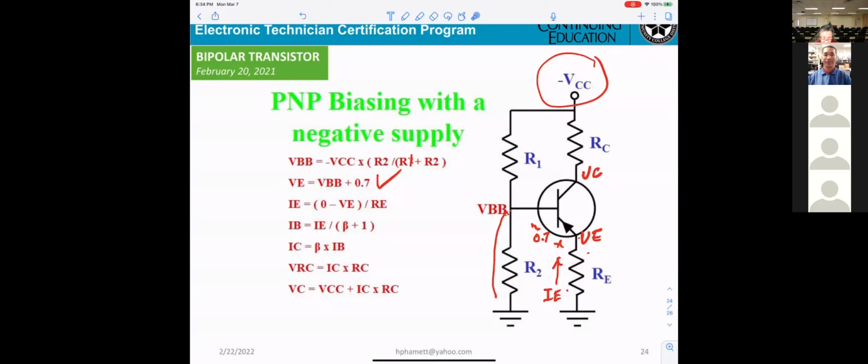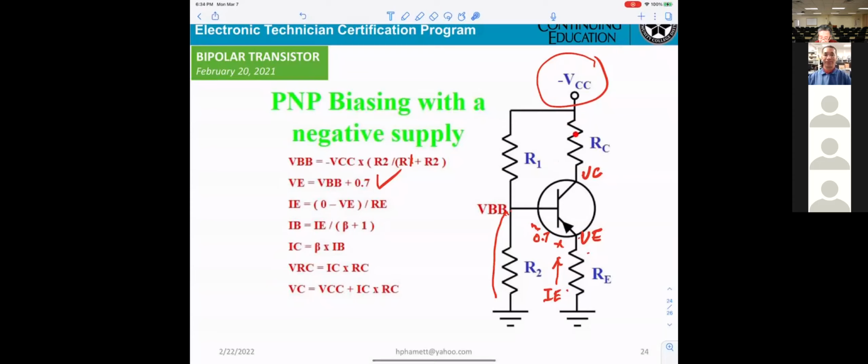Anyway, they come up with VE divided by RE. And if you get IE, you can calculate IB. You can calculate IC.